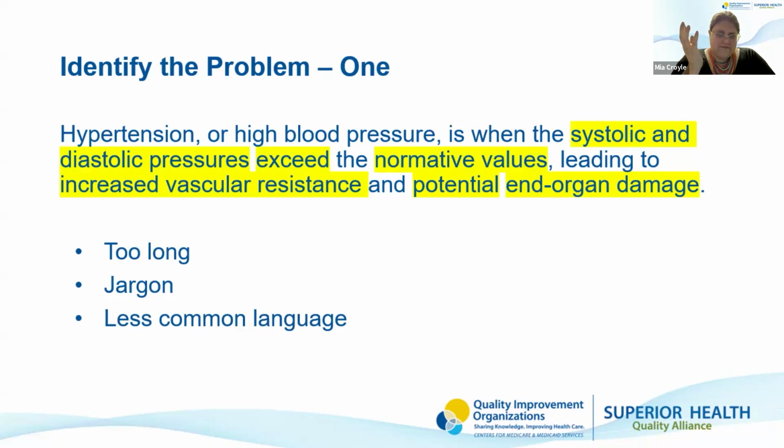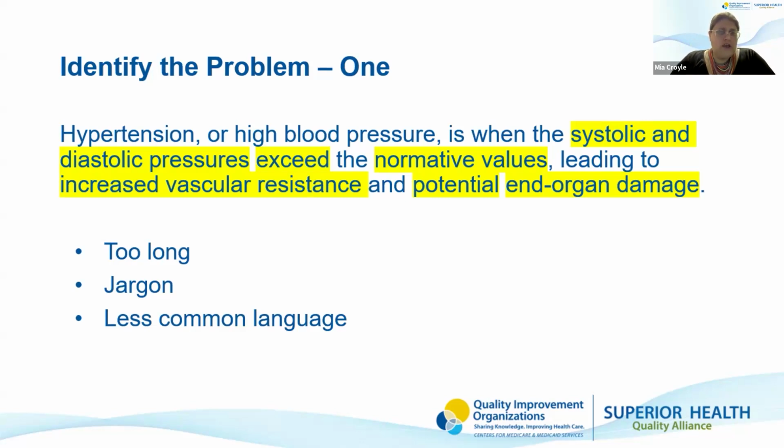Normative values, leading to increased vascular resistance and potential end organ damage. So that sentence is long, right? We set our target for sentences as 20 words or less. This is 1, 2, 3, 4, 5, 6, 7, 8, 9, 10. So 25 or 26 words in there. So it's a little bit too long.